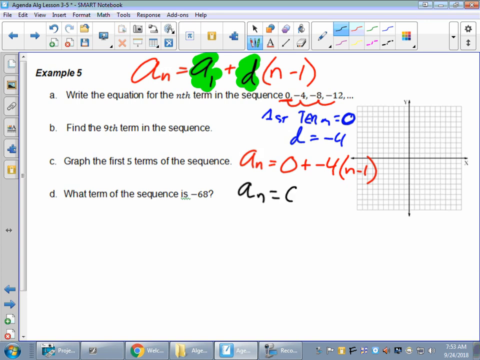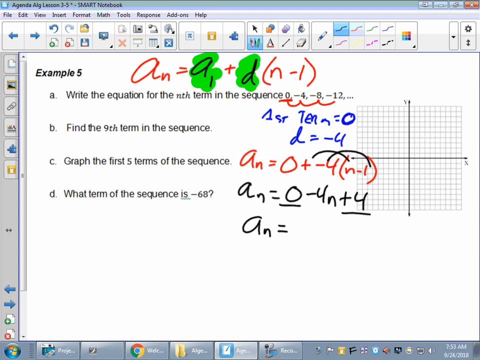I'm going to, just for fun here, just to keep working with it. We know this is -4. Now I can go ahead and distribute: -4 times n is -4n. And then we've got -4 times a -1. So be careful with your negatives, because -4 times -1 makes a positive 4. And now I'll rewrite it down here without the 0, because we don't need that anymore. With common terms, we should see the 0 and 4 make 4.